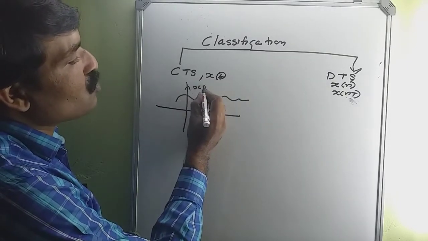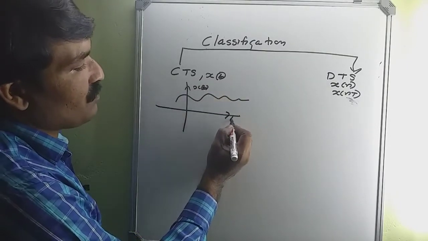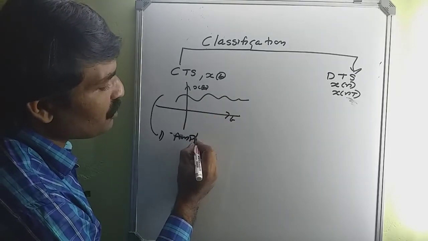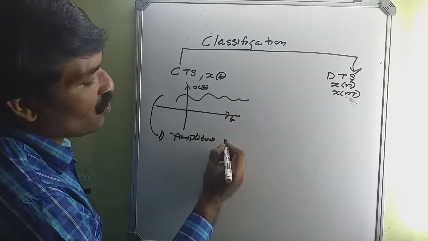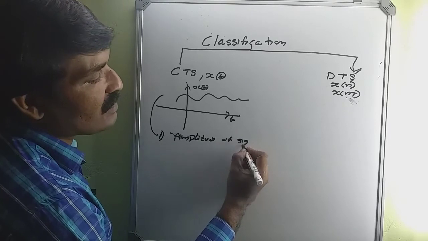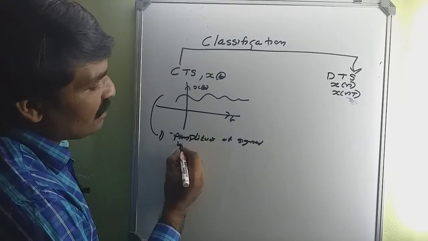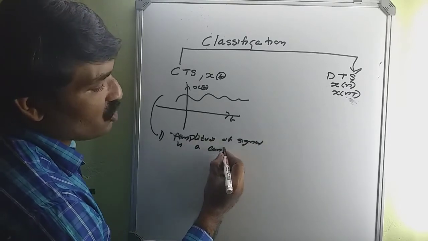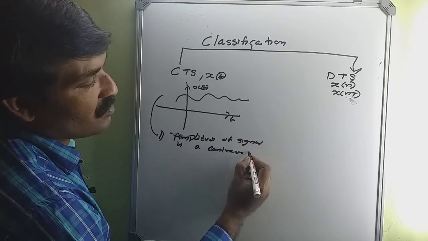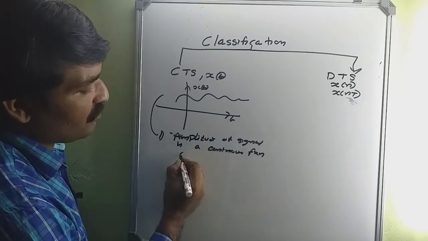This is x of t against t. The amplitude of the signal is a continuous function of time.